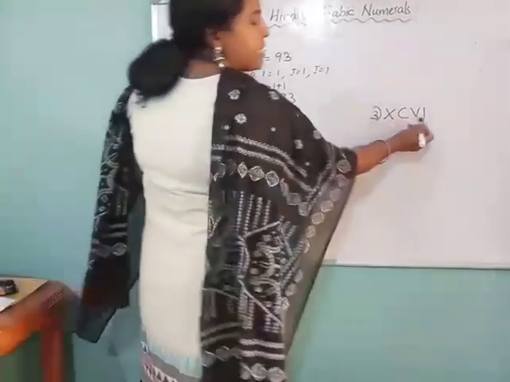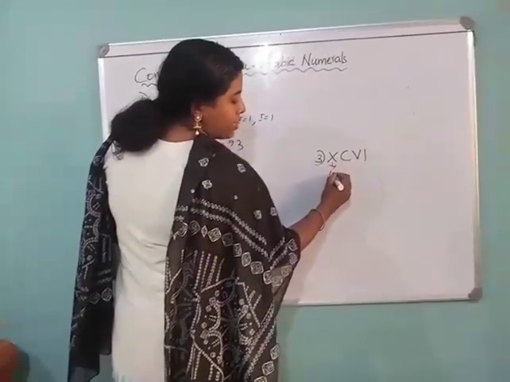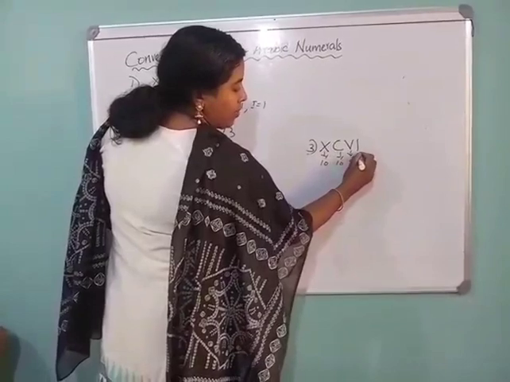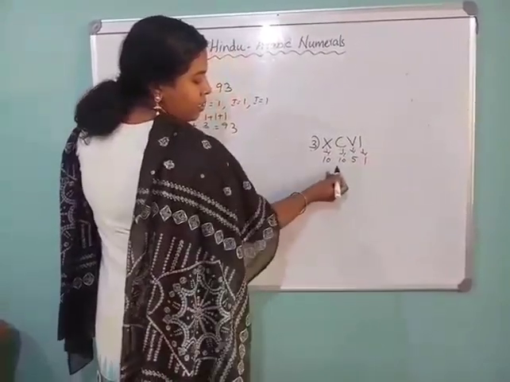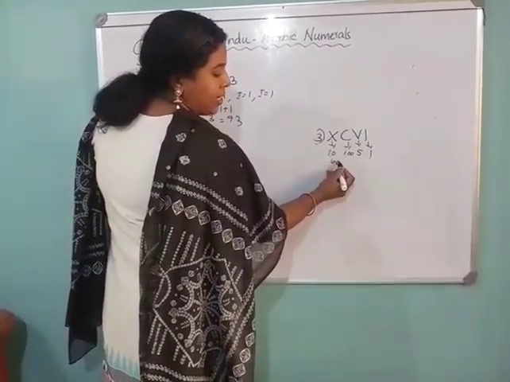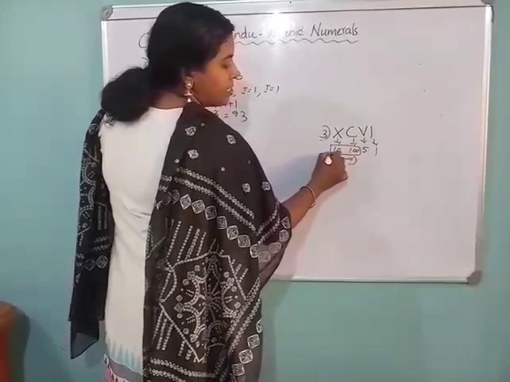Now how to write XCVI? Here also the same. Value of X is 10. Here C is 100. V value is 5. I value is 1. So here a smaller number comes before a larger one, so we write XC as 100 minus 10.